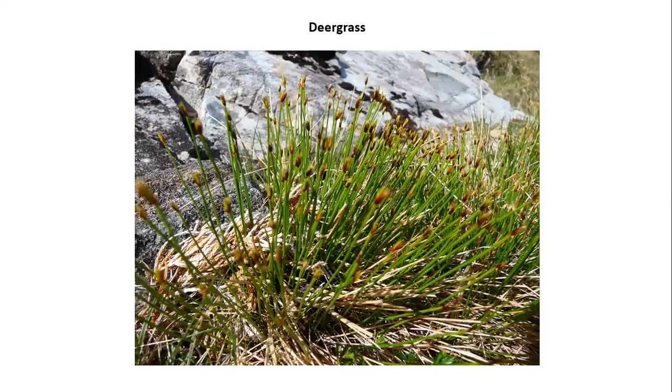This you'll see a lot of, deer grass, a very common plant of the montane zone, and a bit lower down as well. Clearly, these zones grade one into the other, so there's not a line drawn on the side of a mountain where the zone begins and ends.